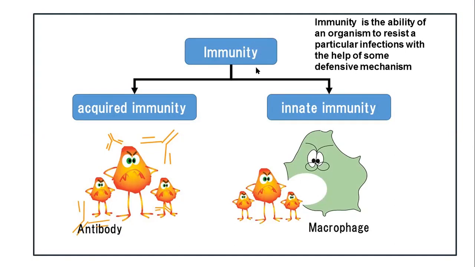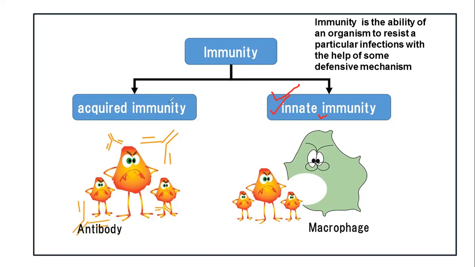The innate immune system is the inborn type, always present with us. By birth we get that immune system, like our mucus, saliva, and tears, which contain specific antibodies that protect us from infection.